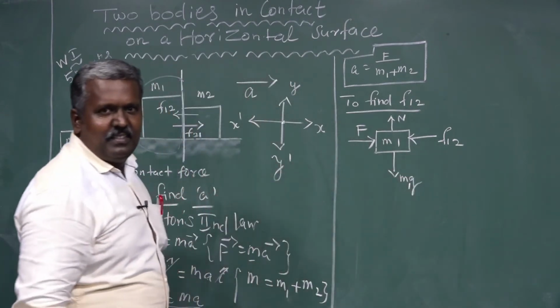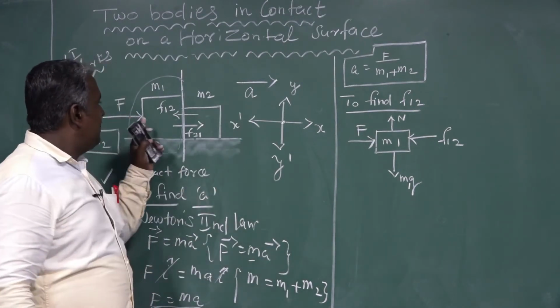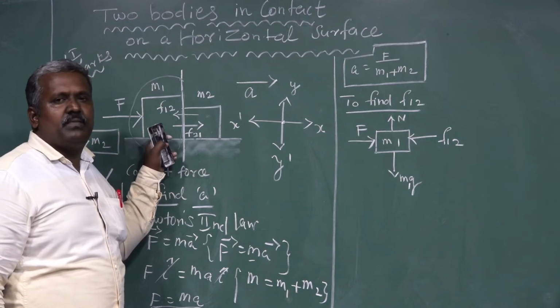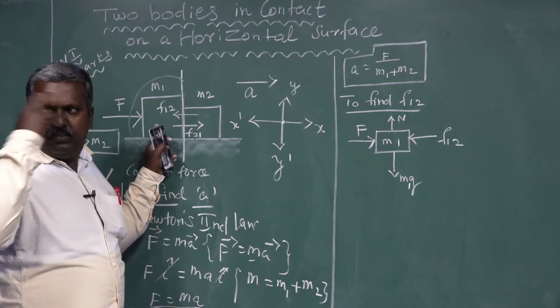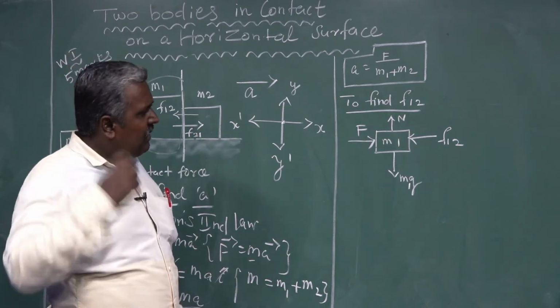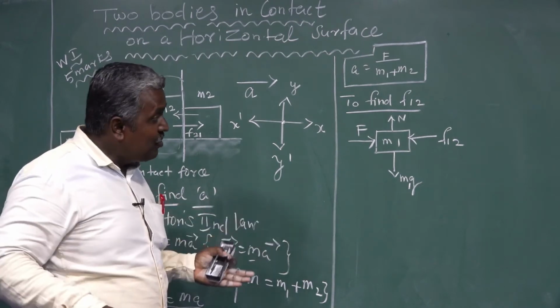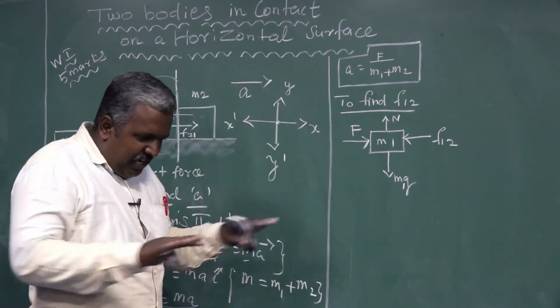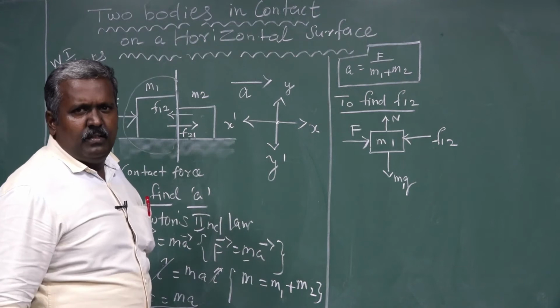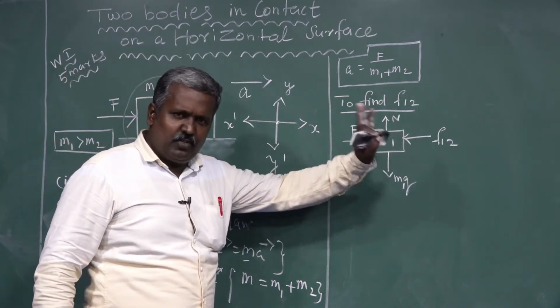So 4 forces are acting on the block of mass M1. Then N and M1g cancel because there is no acceleration this side and this side. Here consider only capital F and F12.